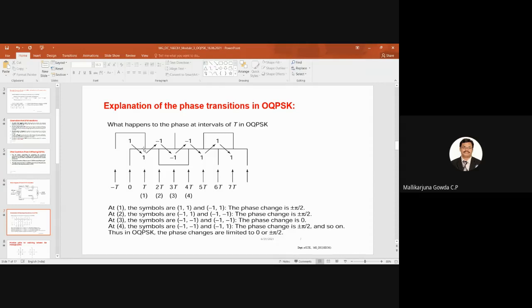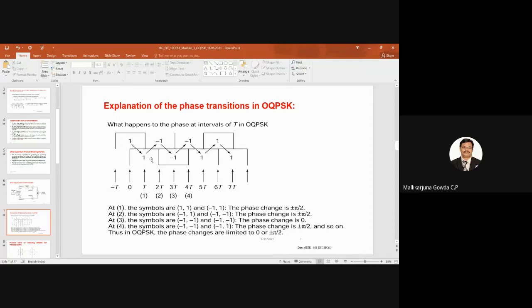What is at 1? At point 1, what is the symbol? It is 1, 1, right? And there is a change from 1, 1 to 0, 1, and that I usually read as 1, 0, right?